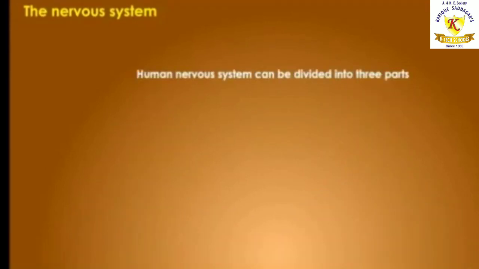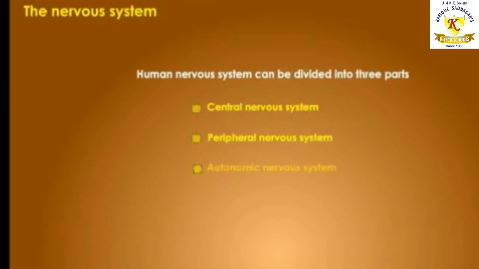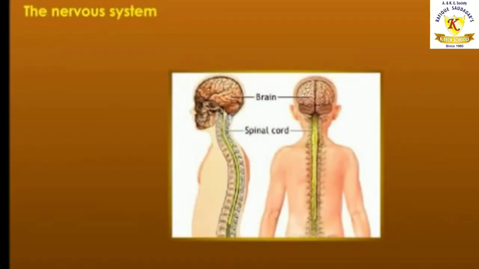Human nervous system can be divided into three parts. First, central nervous system. Second, peripheral nervous system. And third, autonomic nervous system. The central nervous system consists of the brain and the spinal cord.